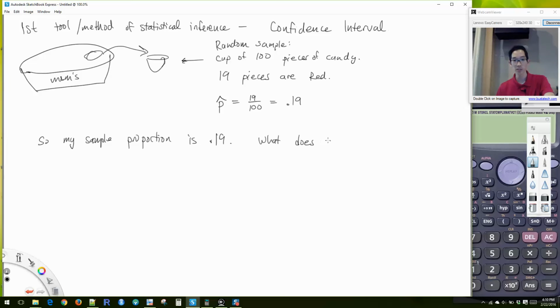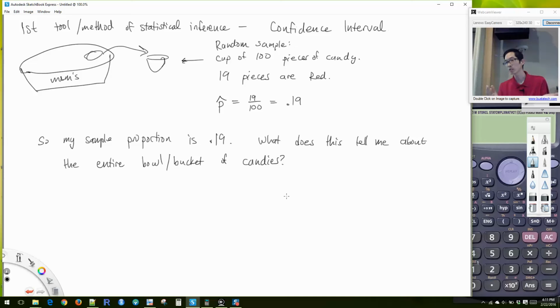What does this tell me about the entire bowl, vat, or bucket of candies? If I take a random sample of 100 pieces of candy, and 100 pieces is not that many, and 19% of it is red, what can I say about the giant bucket?